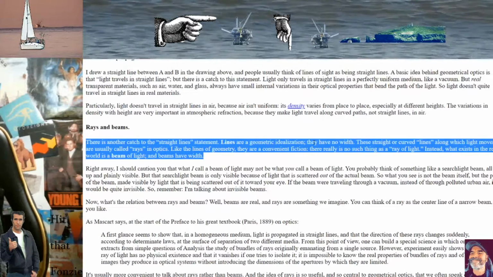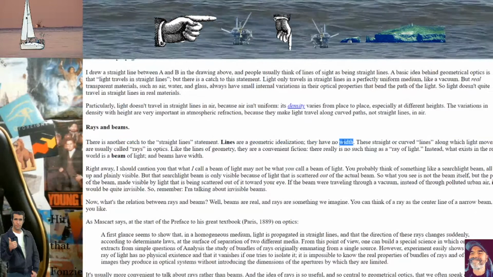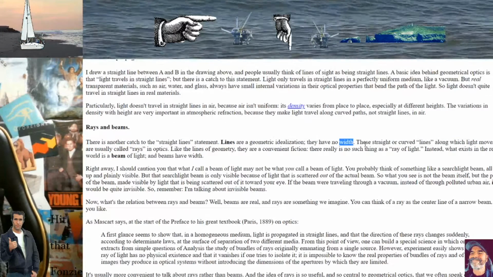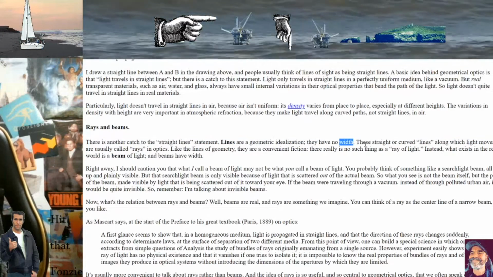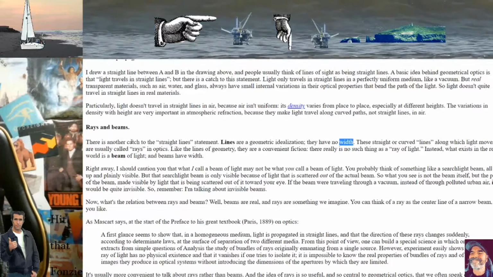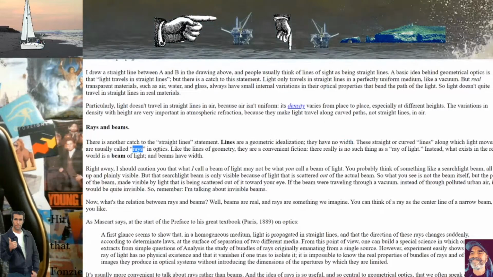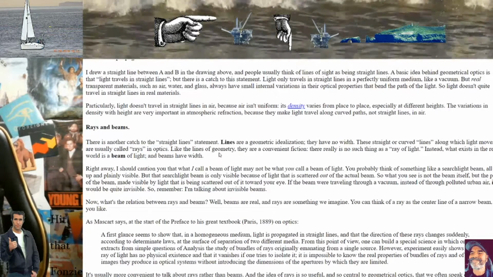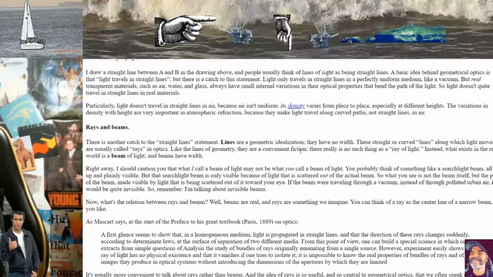They have no width, so they're not three-dimensional. These straight or curved lines along which light moves are usually called rays in optics. Like the lines of geometry, they are a convenient fiction.